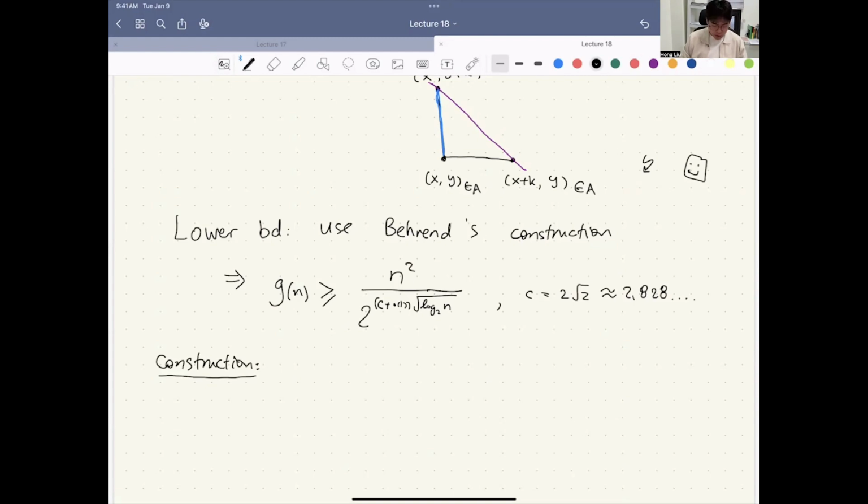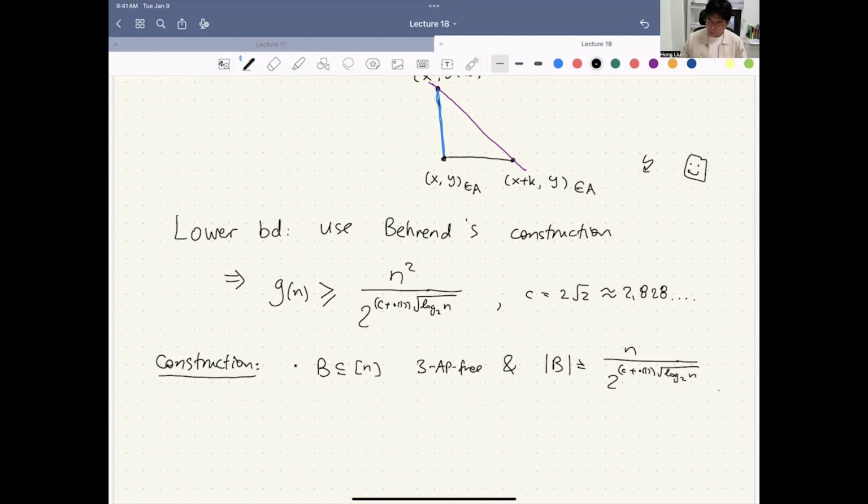So let B be a subset of the first n integers, which is 3-AP-free. And the size of B equals n over 2 to the (c plus little o(1)) square root of log 2 n.